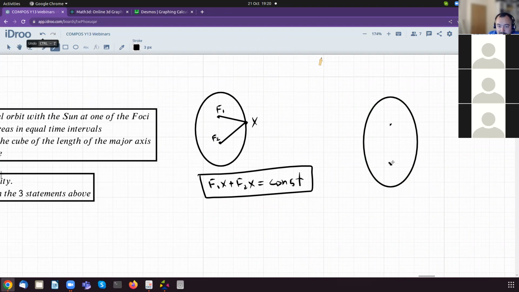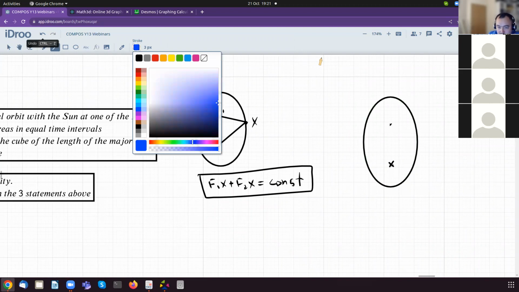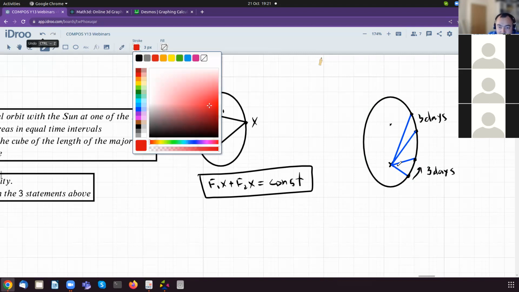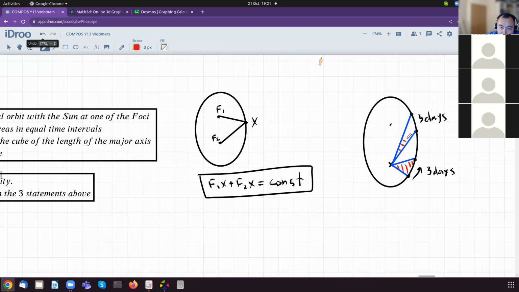He saw that if this is the sun, the radius vector, so if the planet goes from here to here in, let's say, 3 days, and it goes from here to here in 3 days, then these areas are equal.